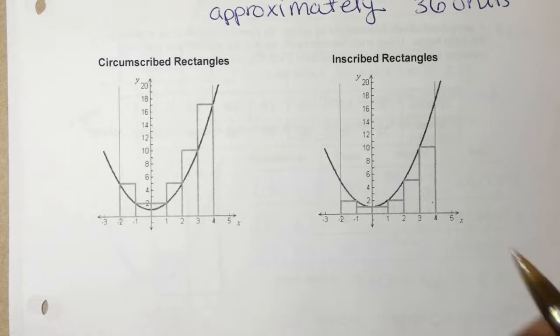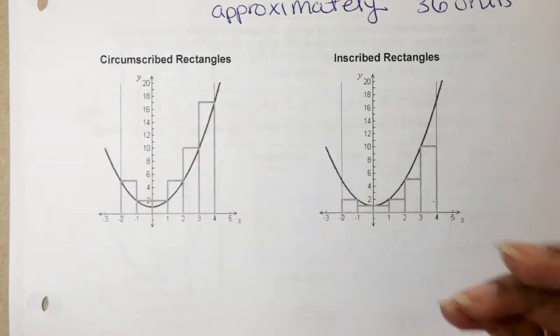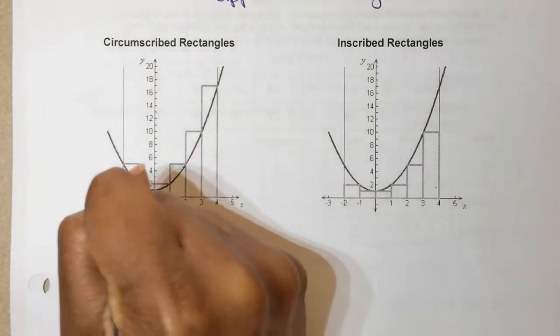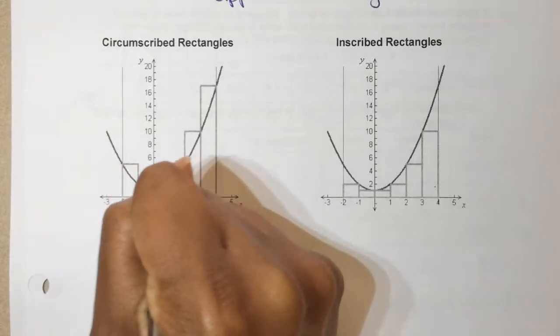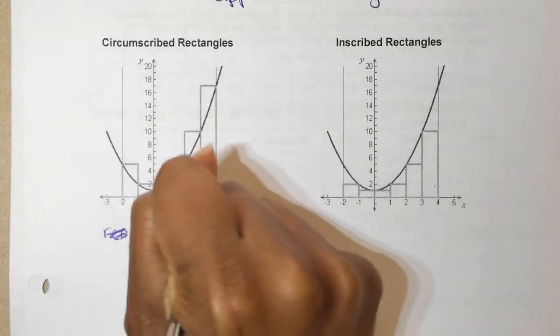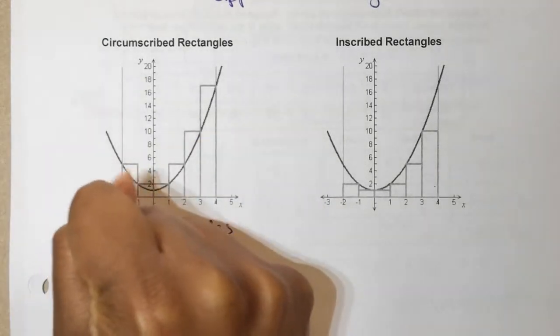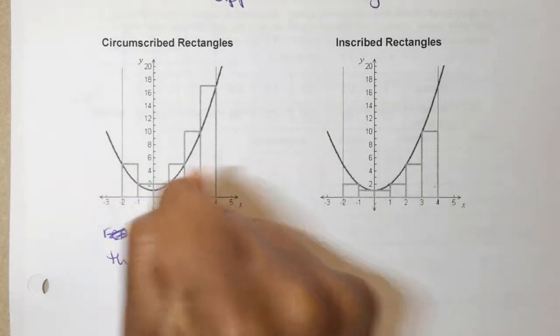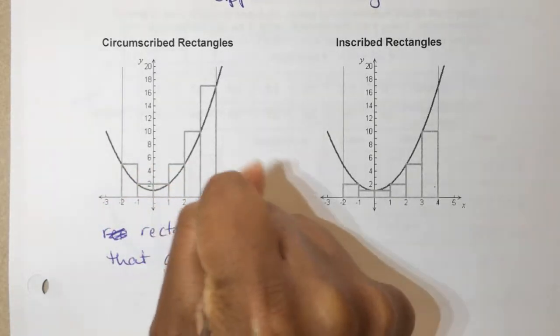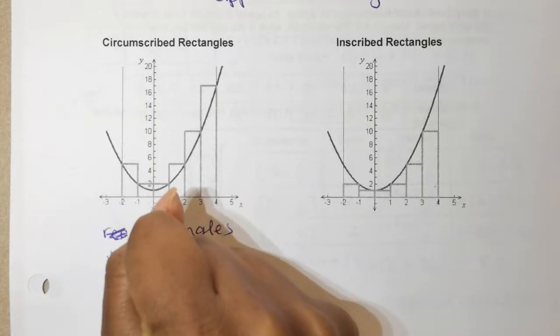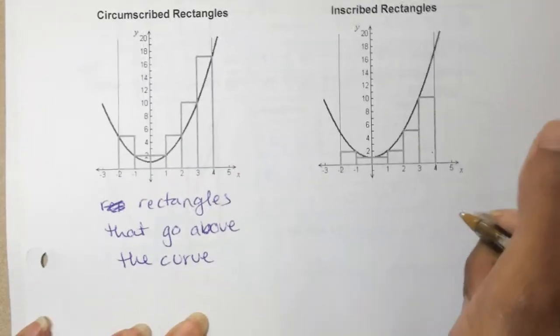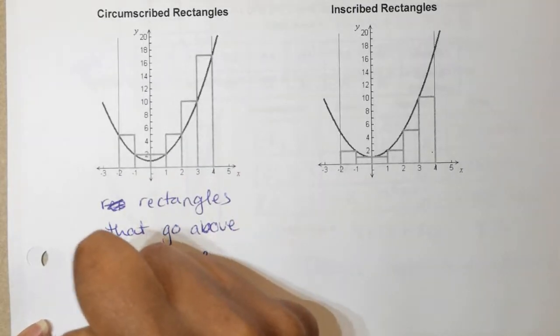So when we have circumscribed rectangles, or rectangles that go above the curve, that leads to an over approximation.